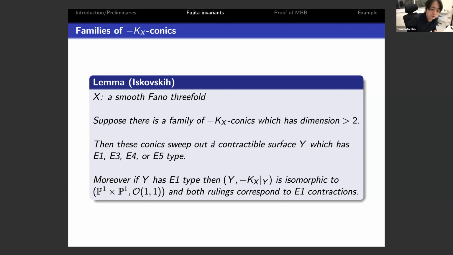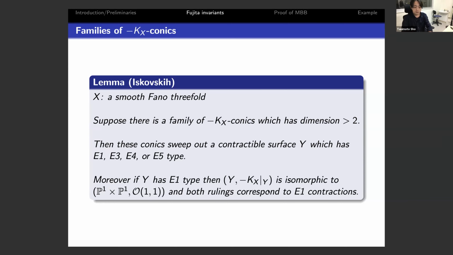Then these conics sweep out a contractible divisor Y, which has type E1, E3, E4, or E5. Moreover, if Y has E1 type, then this polarized surface is isomorphic to a conic surface, and both rulings correspond to E1 contractions. This is also proved in a similar way. The proof is more complicated, but one can prove this using A invariants.